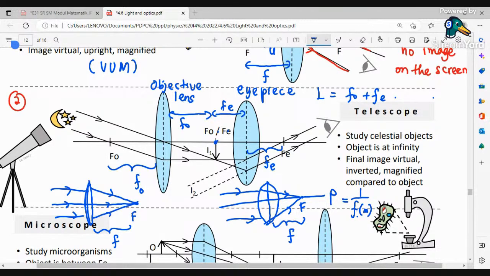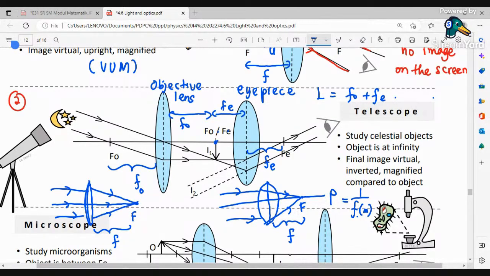Sama macam yang pakai spek, yang pakai cermin mata. Cermin mata yang tebal tu maksudnya high power. Sama lah macam tu. So yang tebal punya short focal length, higher power. Jadi nanti kita akan bincang lebih tentang karakteristik of the lenses for telescope.